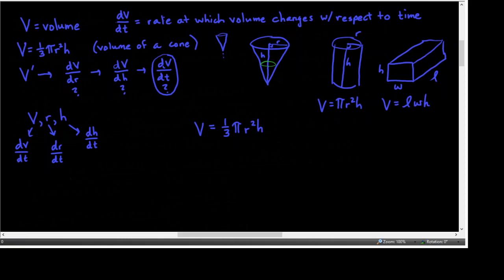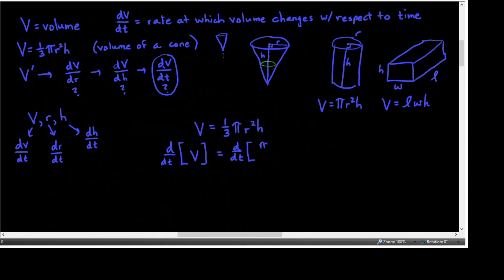If we use implicit differentiation, because we're trying to find dV/dt, the rate at which the water flows, let's say the ice cream flows out of this thing, we're going to take the derivative on both sides with respect to time. So notice none of these variables are t, and so all of them are going to be thought of as functions of t that will change as time goes on.